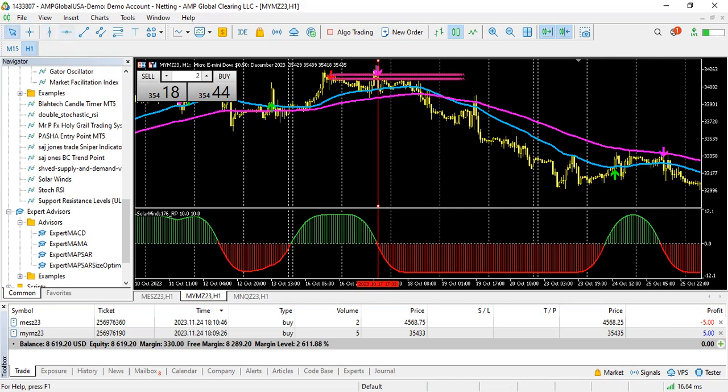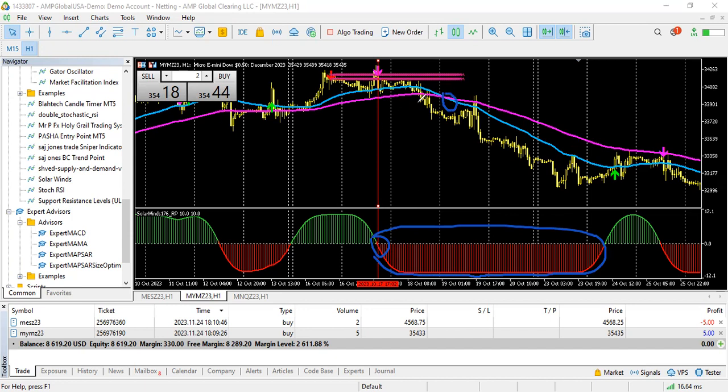Then we got another confirmation here showing you that the market is crossing below the zero area here on our solar wind. A crossover has happened here.